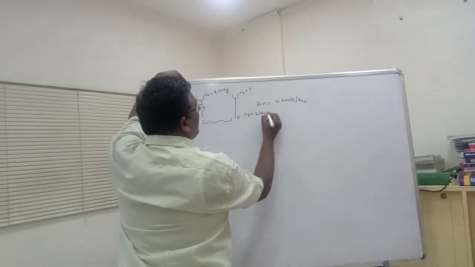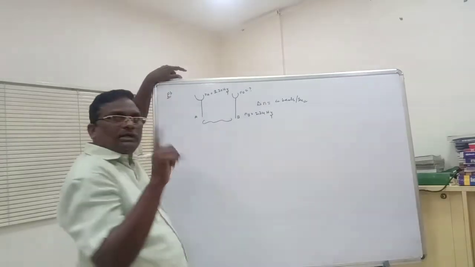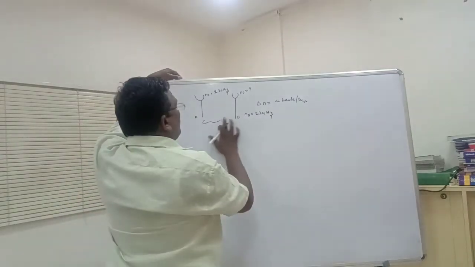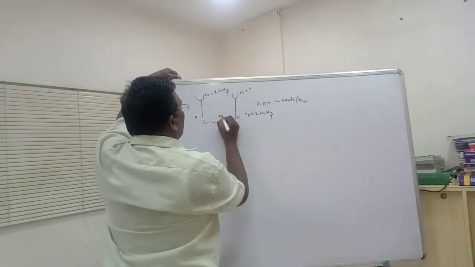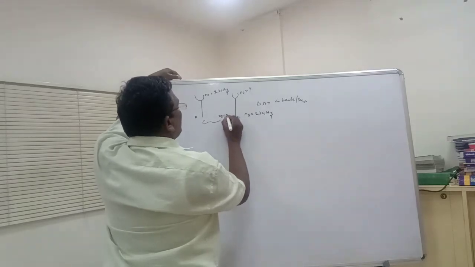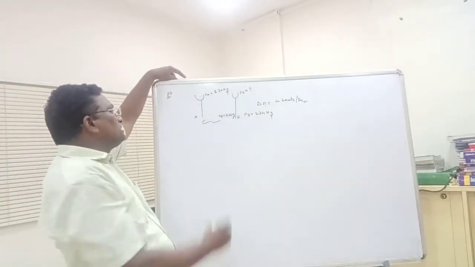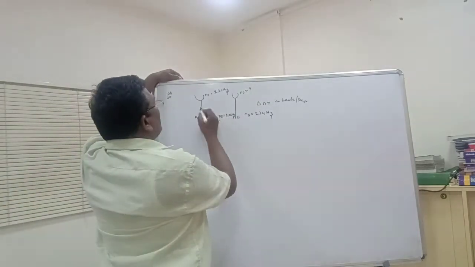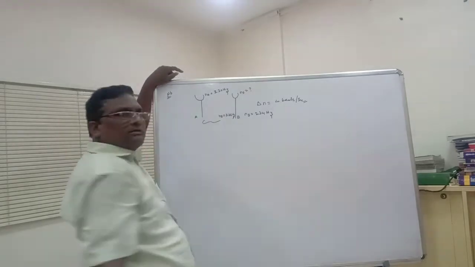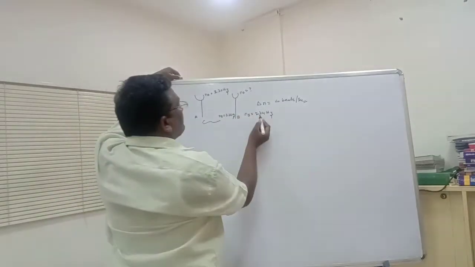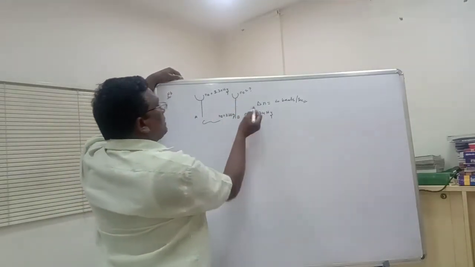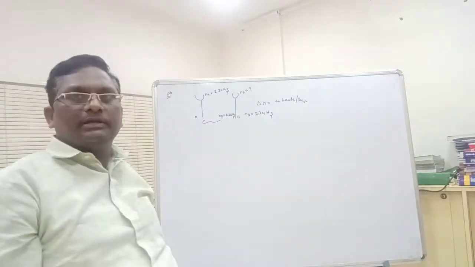Either 234 Hz, or one more possibility is 226 Hz. Suppose it is 226 Hz, the difference of these two will give you 4 beats. Or if it is 234 Hz, the difference of these two also will give you 4 beats.